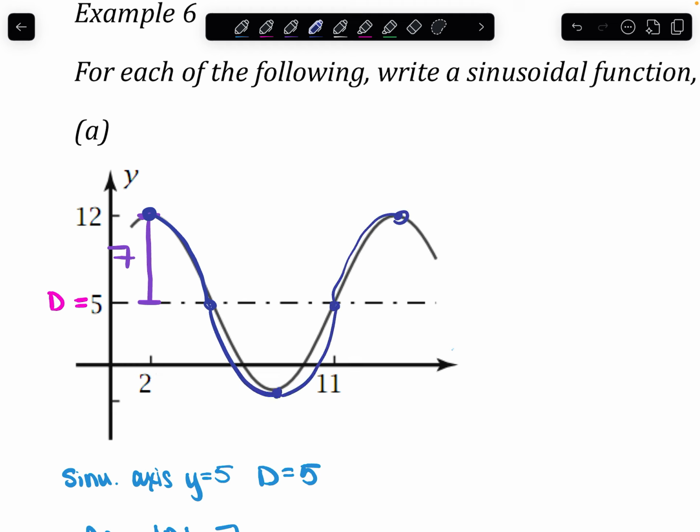So if you look at this, I know this length here from 2 to 11 is 9. And if I look at the portion of the period, it is 1, 2, it is 3/4 of P. So the distance from 2 to 11, 9, is 3/4 of the period. You could be given a 1/4, a 1/2, 3/4, or the full. Sometimes you're given more, but not normally.